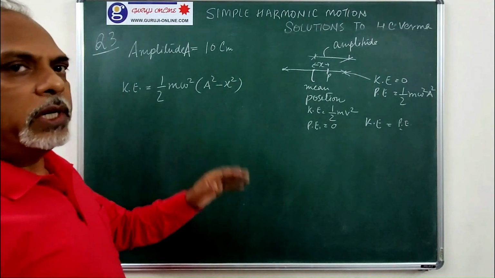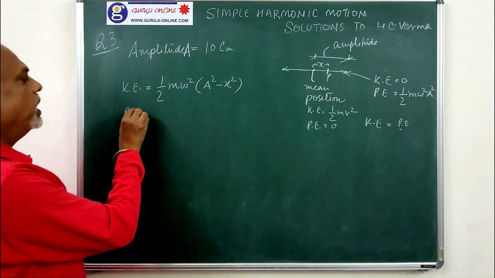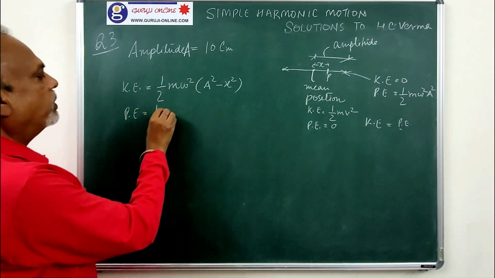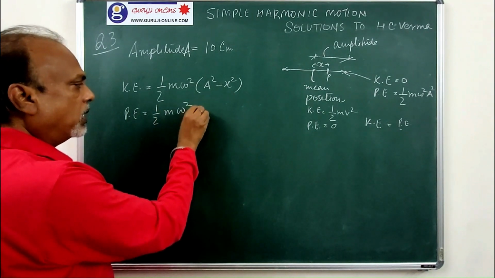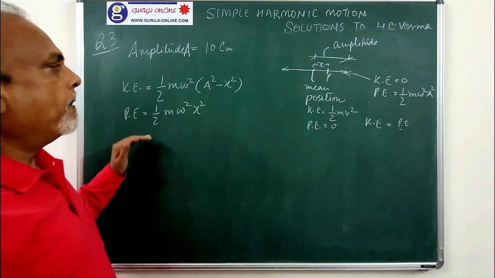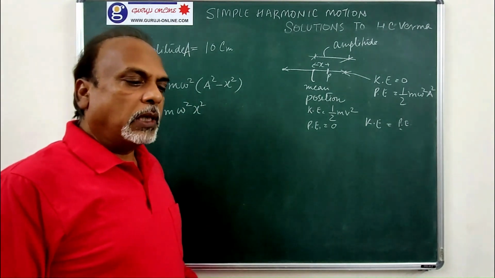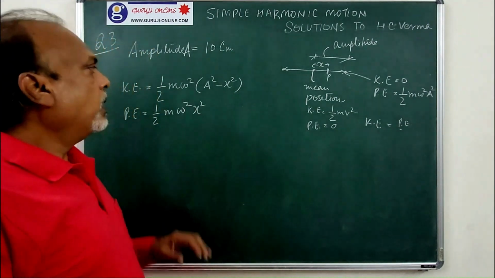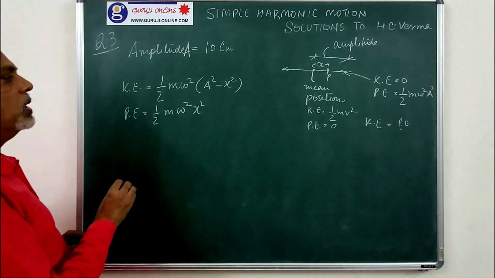This also we have seen. And potential energy will be half m omega square, and of course x square. All these things we have studied in our previous lectures. At point P, kinetic energy and potential energy are equal.